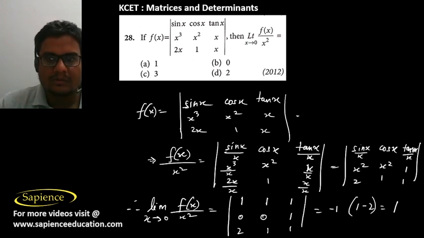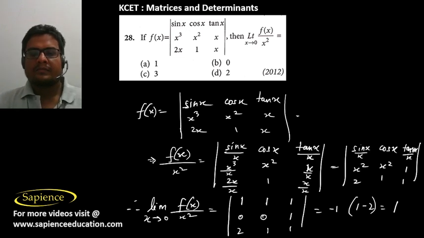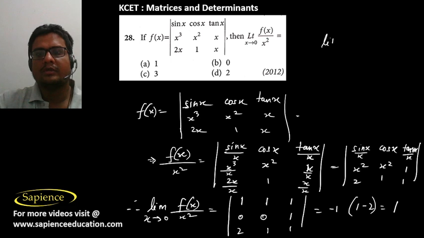So the limit as x tends to 0, this is minus 1 into, so the limit as x tends to 0.